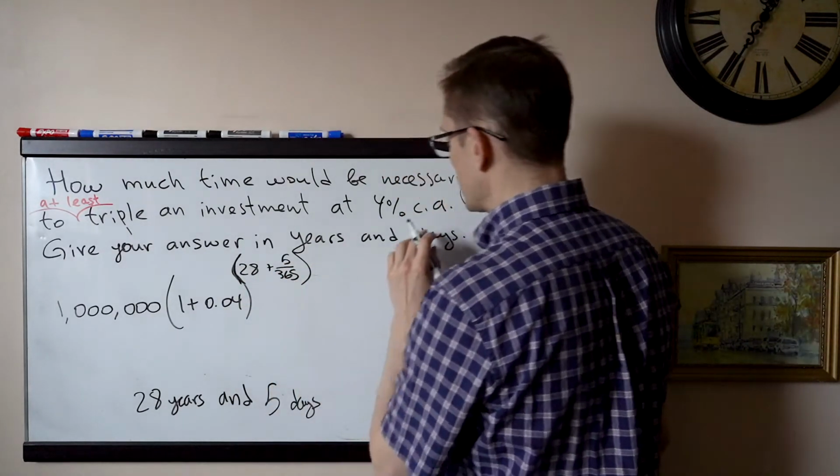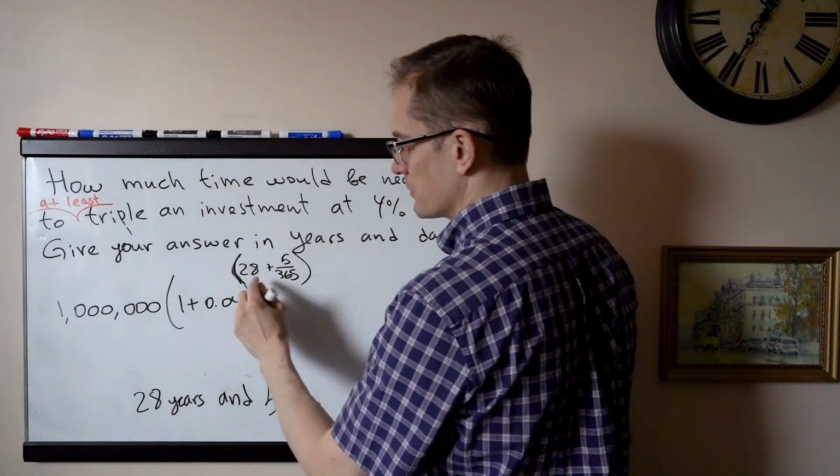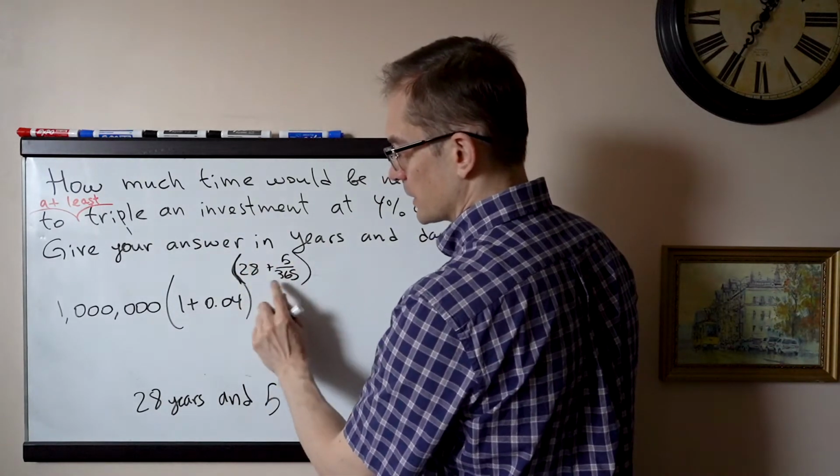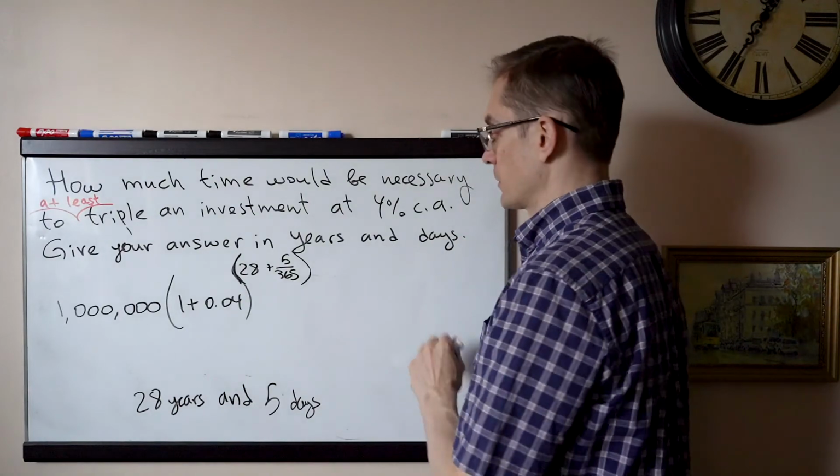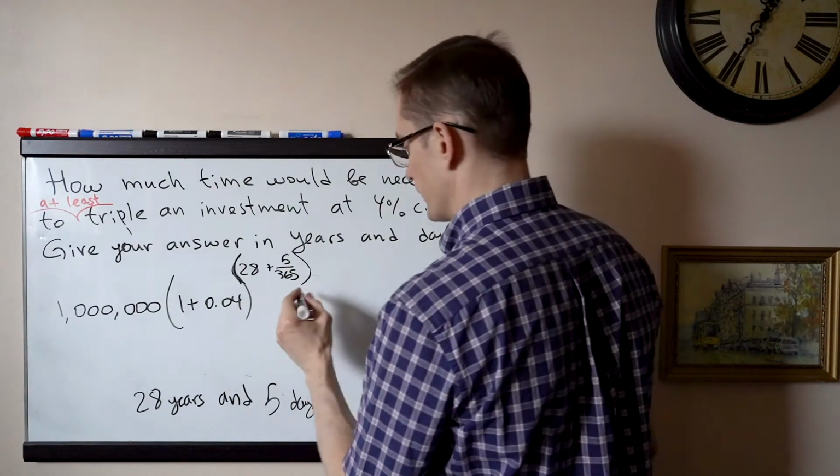So I remind you that that's a compounded annual rate, which means that here I have the total number of periods. In this case, it's going to be the total number of years, because each period here is 1 year.